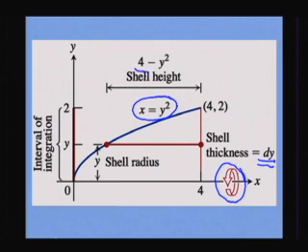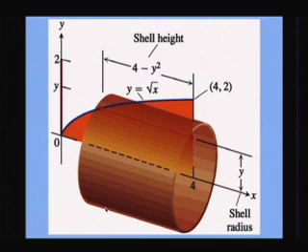The shell height is given by the formula 4 minus y squared, which comes from our original function. So now what we're going to do is look at the actual cylindrical shell in three-dimensional form. Okay, so here we have it.